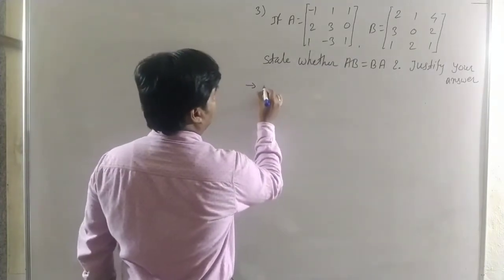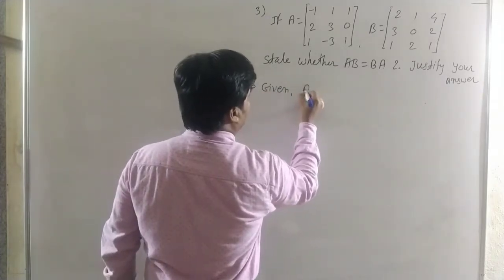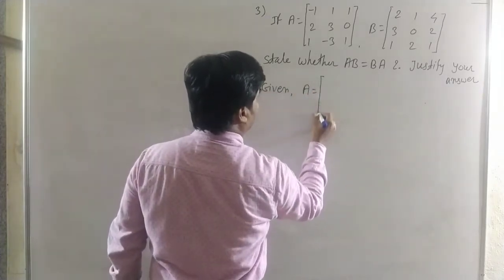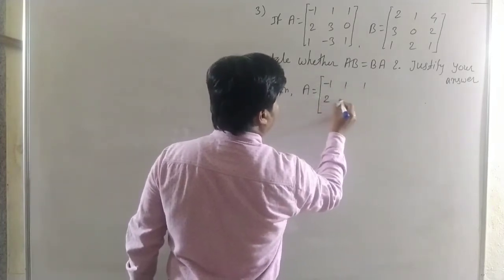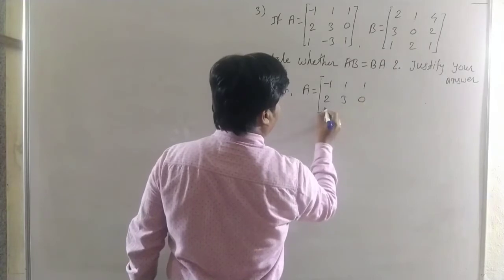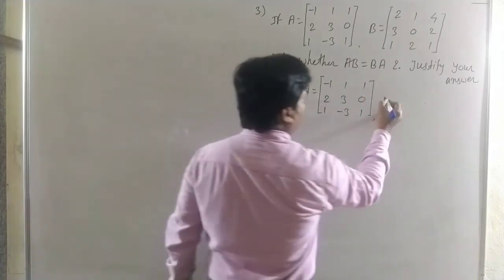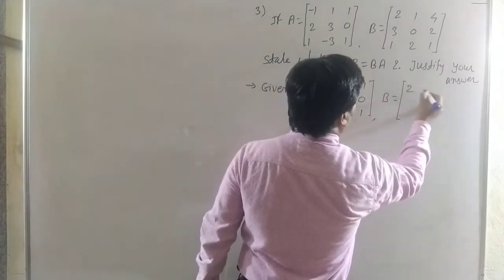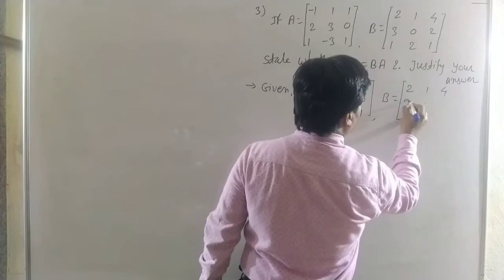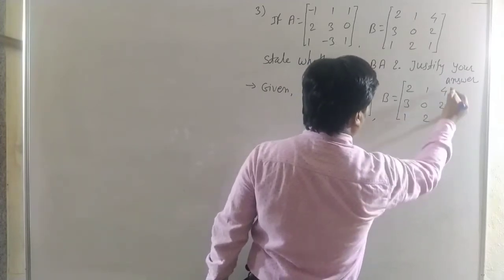Given matrix A: minus 1, 1, 1; 2, 3, 0; 1, minus 3, 1, and matrix B: 2, 1, 4; 3, 0, 2; 1, 2, 1.